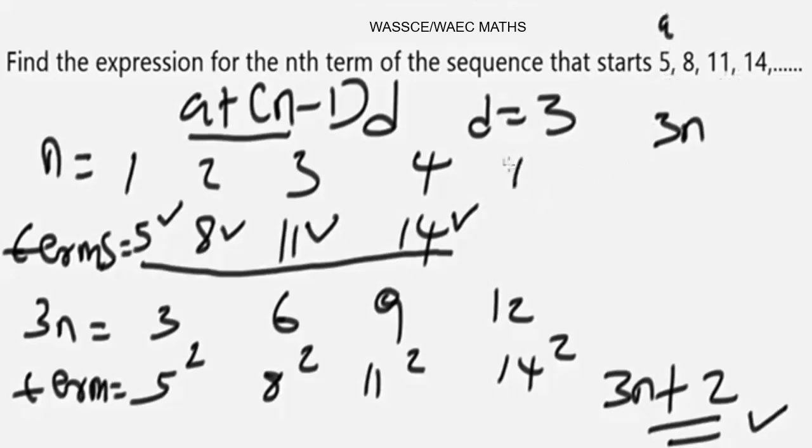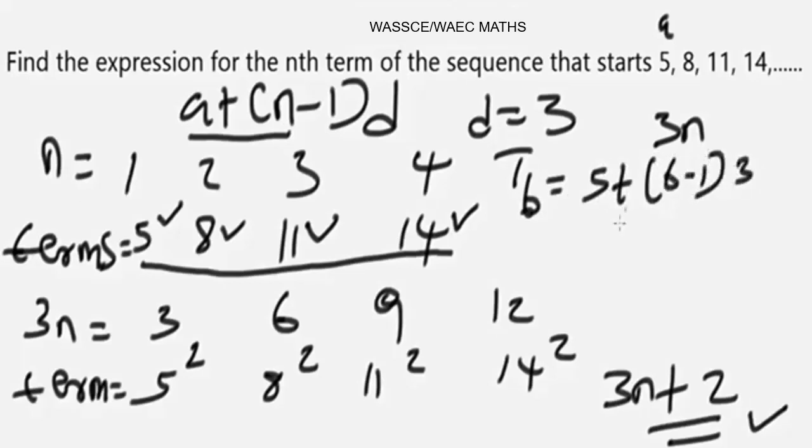The 6th term, C6, will be our first term, 5, plus 6 minus 1 times our common difference, which is 3. 6 minus 1 gives us 5, and 5 times 3 gives us 15. So our C6 will be 5 plus 15, which gives us 20.